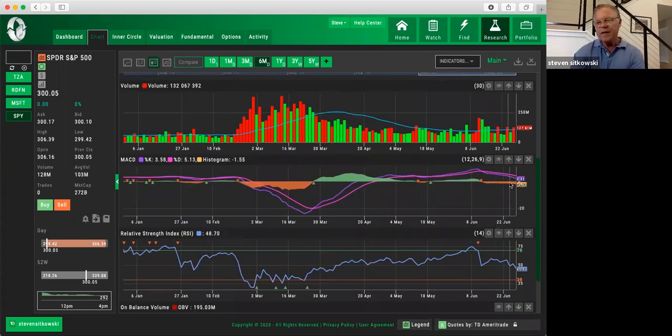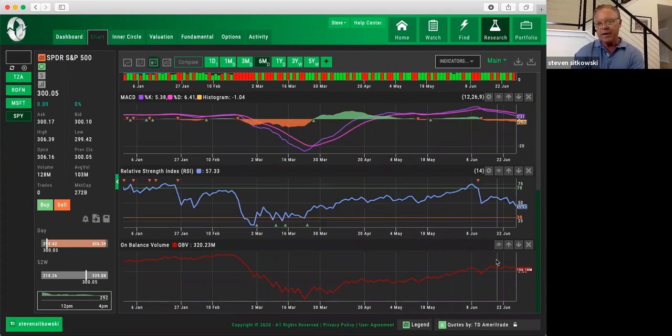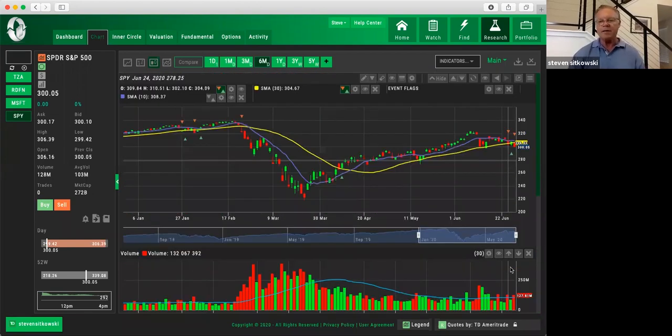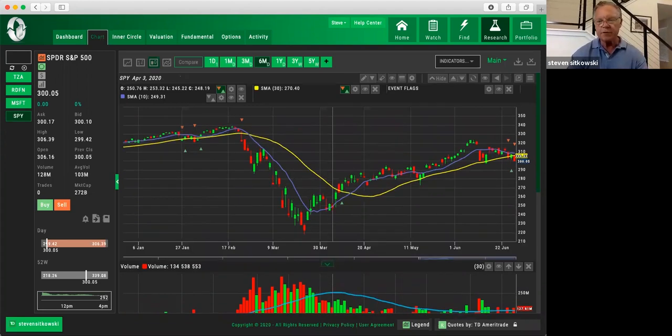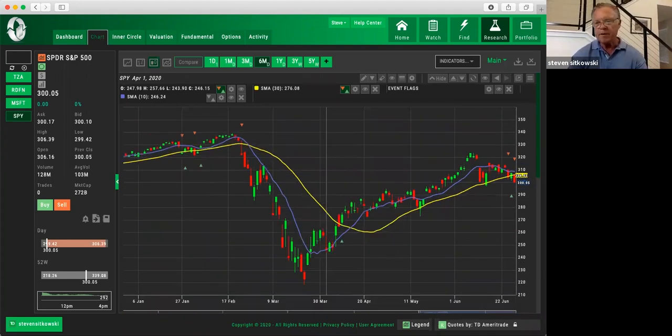We could confirm that the MACD is red. We see the RSI going down. On balance volume is weakening, but just a little tiny bit, not all that much. So it's not a super scary position at this point, but it is certainly worth keeping an eye on, for sure. Here, there's a little better view.